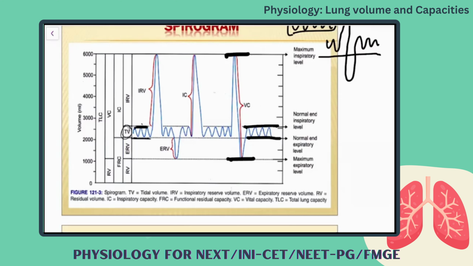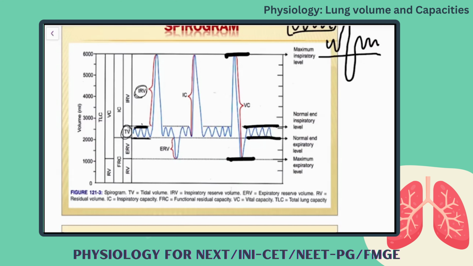And now you are doing forced inspiration. So in the sense, excess air is entering into the lungs, more than the normal level. So the normal level you can also call the tidal volume level. Yes or no? So that is going to give you the definition for inspiratory reserve volume.